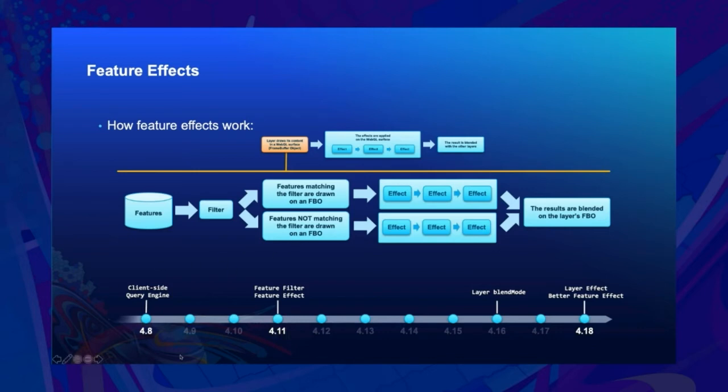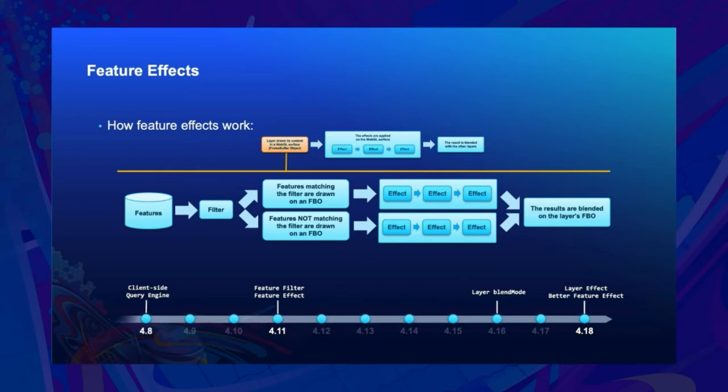I also put a timeline to see where and when this was released. In 4.8 we released this client-side query engine, so you can query features on the layer view, on the data that is displayed on the screen. And then we still had to be able to show and hide features.